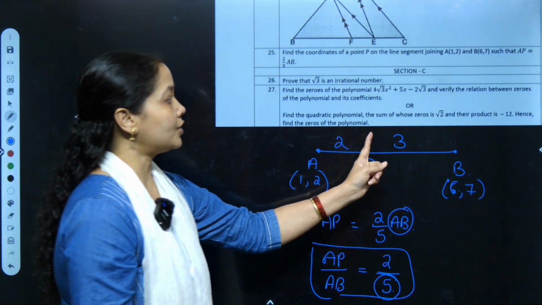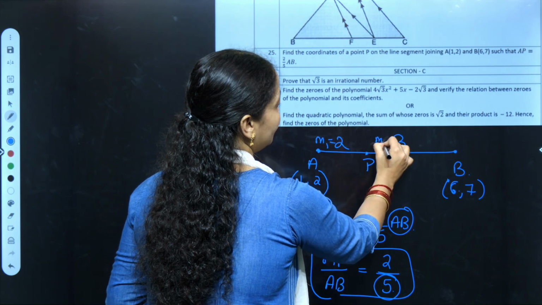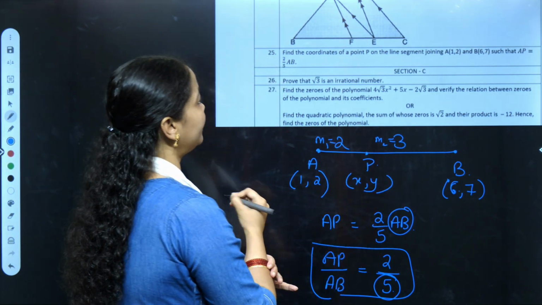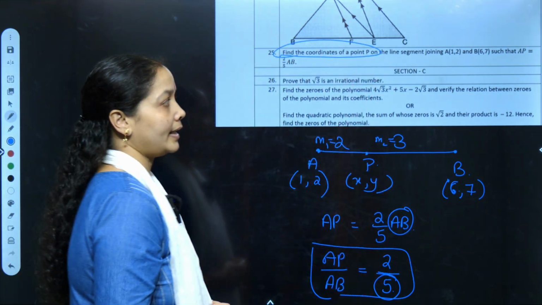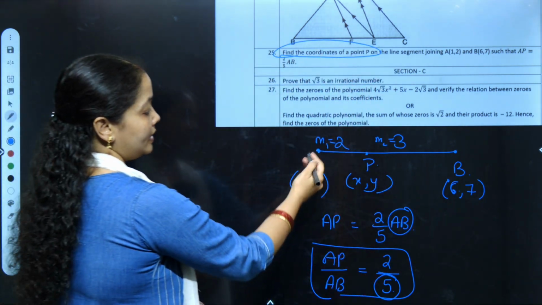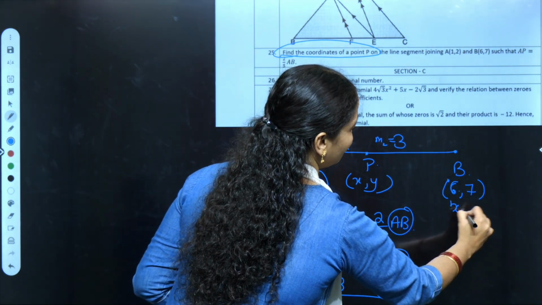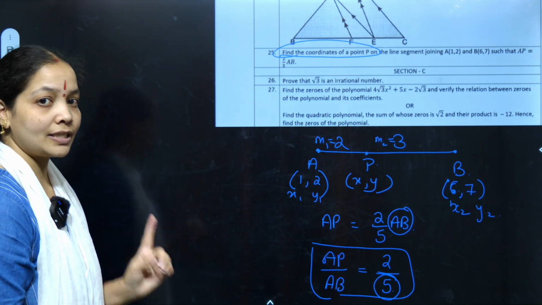After finding the ratios, this is allocated with m1, this is m2. The coordinates of P which I have to find is x, y. From the points, A becomes x1, y1. The point B becomes x2, y2. And this concept is based on the section formula.